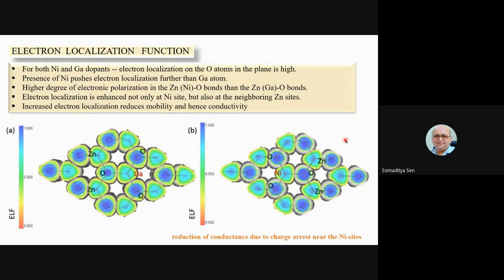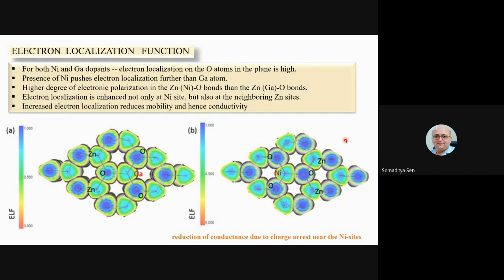Now when I came to IIT Indore, I thought, okay, in doping you have a limitation. Either you dope with the same valence state, so there is no interest, because maybe it will just show the same things, only the ionic size will be different, so there will be strain and other things generated.